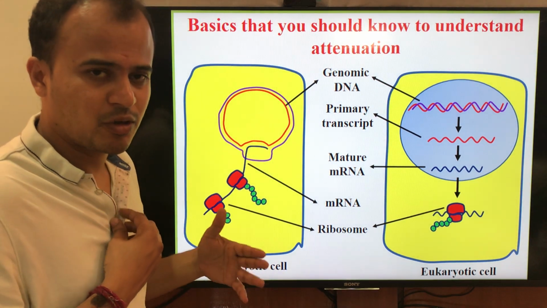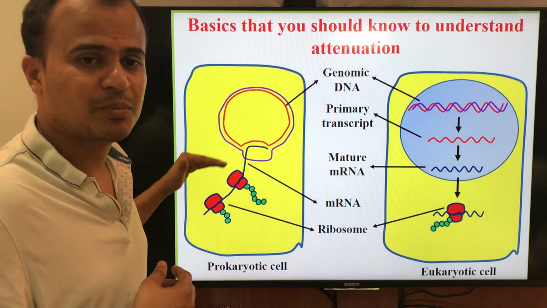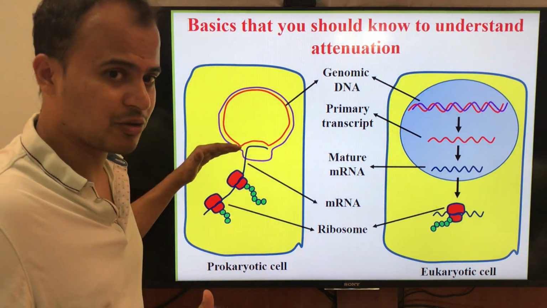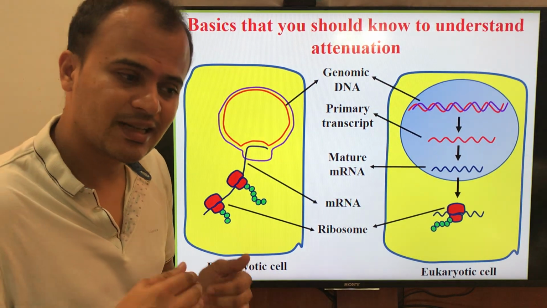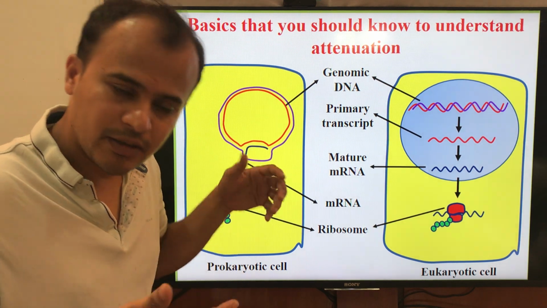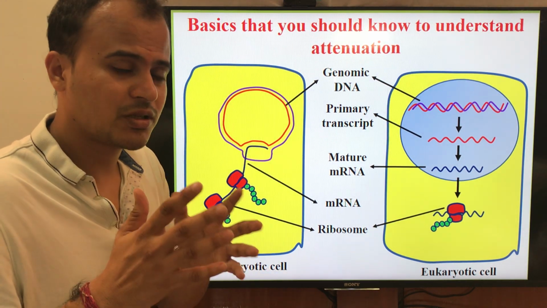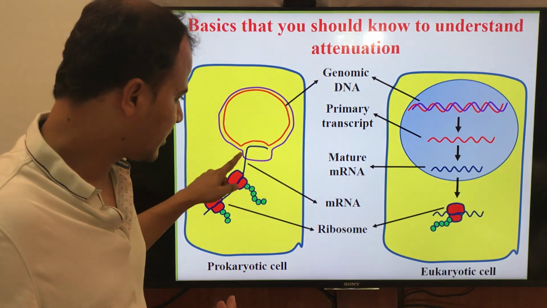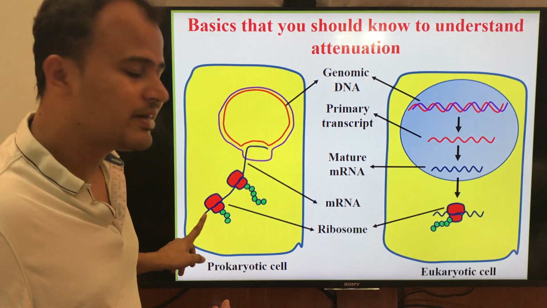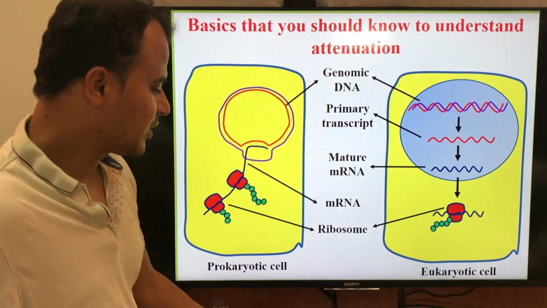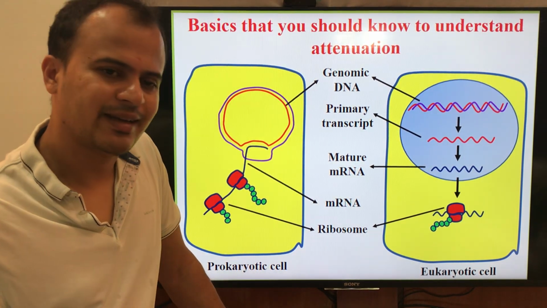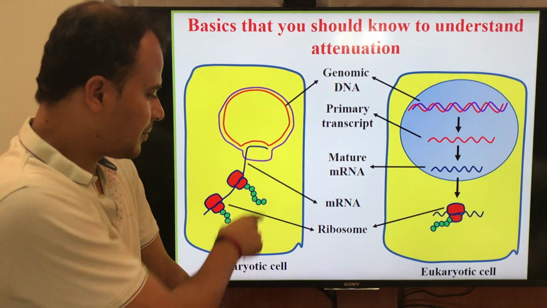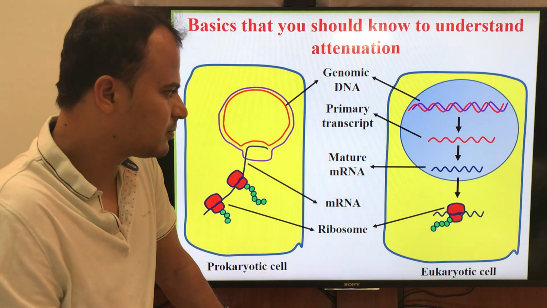But the point to be remembered here is that transcription and translation are coupled in the case of prokaryotes. Even before the transcription is terminated, the translation has already started. So this is very important to understand the attenuation control in the case of tryptophan. While the transcription is still going on, translation has already taken place. So let me explain how exactly this works in the case of attenuation. So keeping this in mind, let's move on.